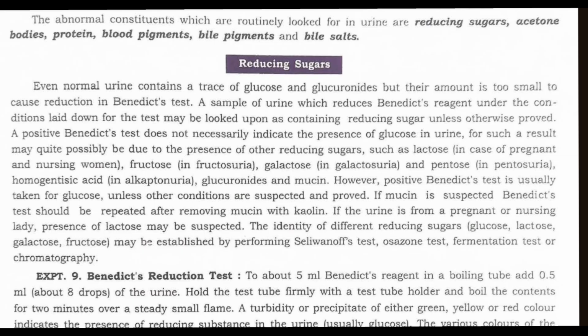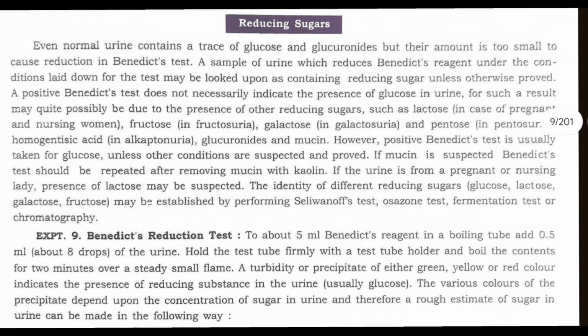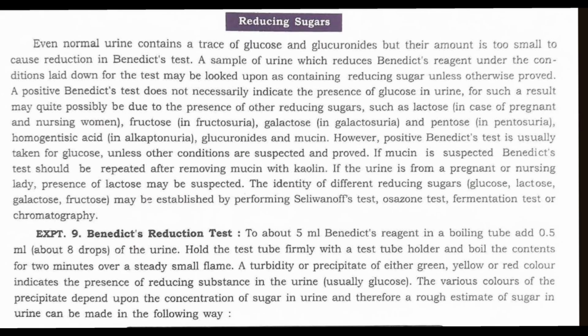A positive Benedict's test does not necessarily indicate the presence of glucose in urine, for such a result may quite possibly be due to the presence of other reducing sugars such as lactose in case of pregnant and nursing women, fructose in fructosuria, galactose in galactosuria, pentose in pentosuria, homogentisic acid in alkaptonuria, glucuronides, and mucin.